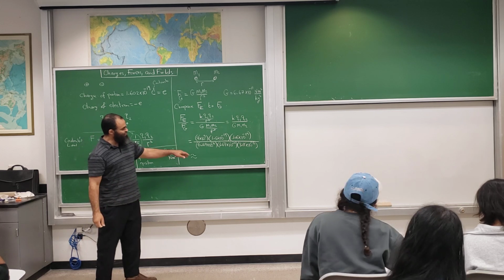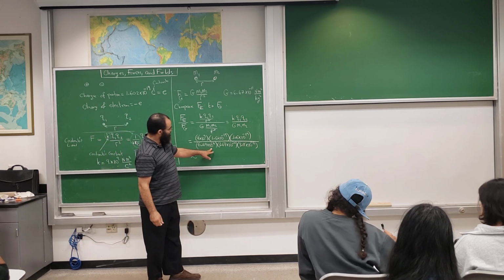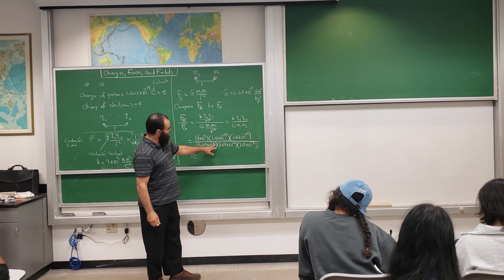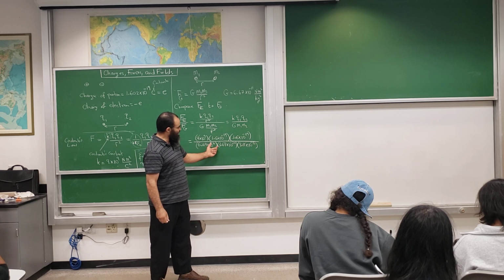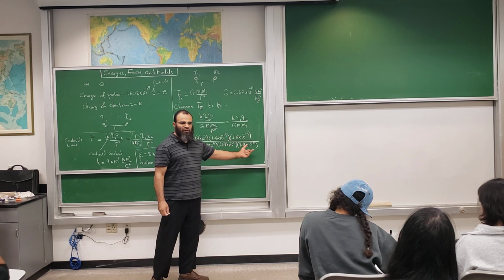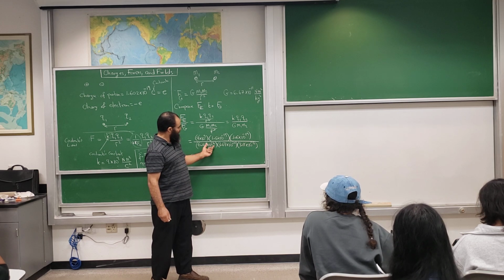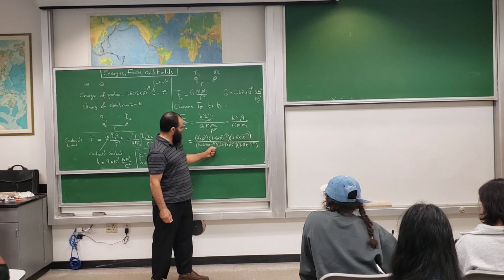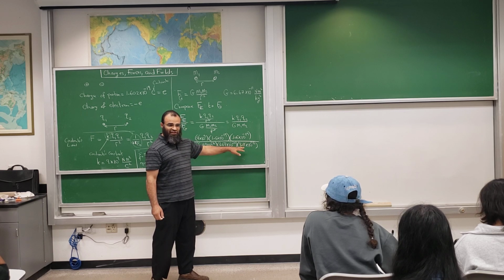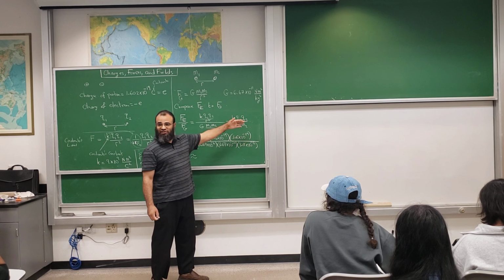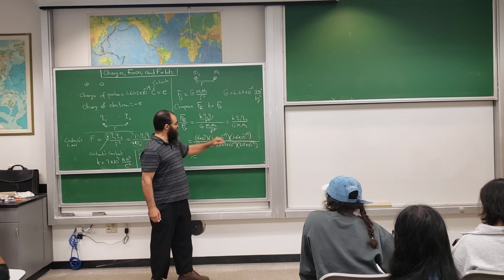So let's look at the powers of 10. 10 to the minus 11, or 10 to the 11, 10 to the 27, 10 to the 31. Add them all together. What do you get? Let's see. 69, 10 to the minus 69 on the bottom. Goes upstairs, it becomes 10 to the 69.